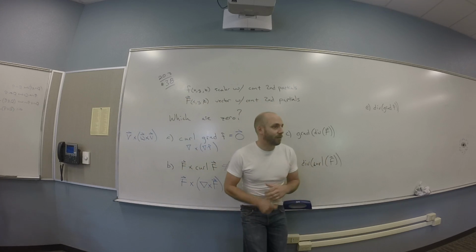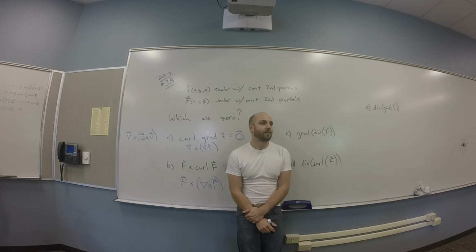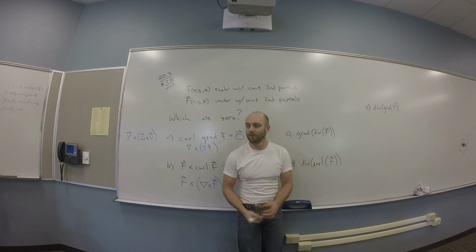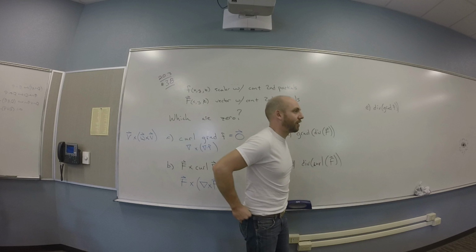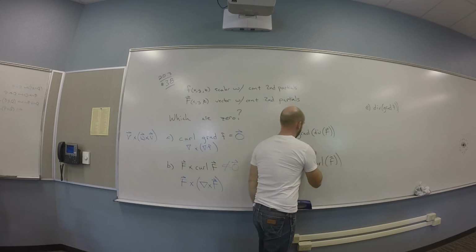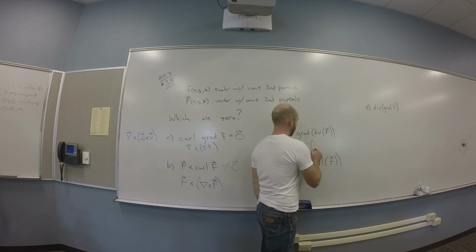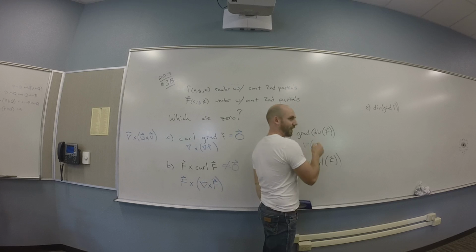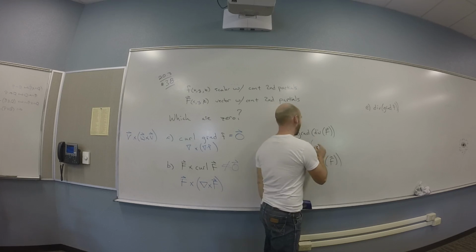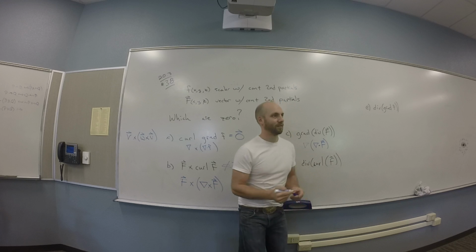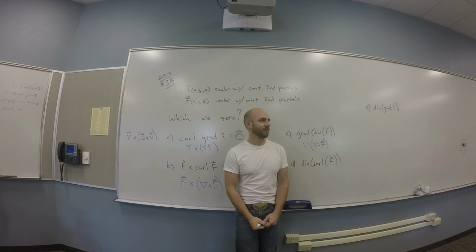How about this thing? Gradient of the divergence of F. If I was thinking about this in Nabla land, right? This is Nabla, scalar multiplied by Nabla dotted with F. You guys see this?